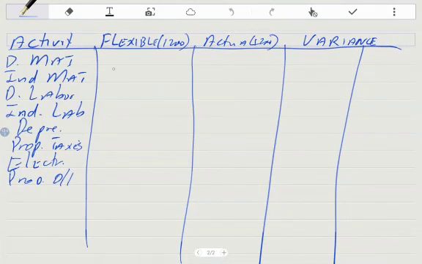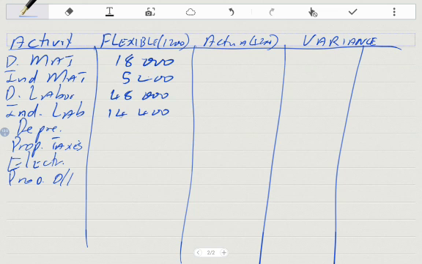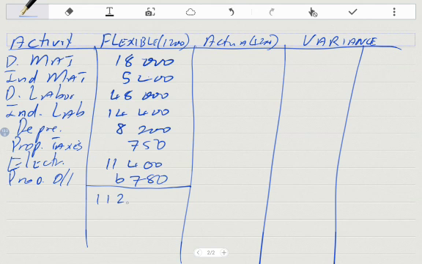So you've got that 18,000, 5,400 here, 48,000, 14,400, 8,200, 750, excuse me, 11,400 and 6,780 to give you that total of 112,930.